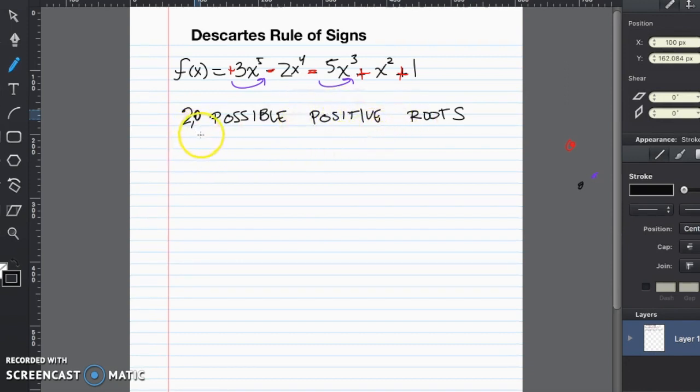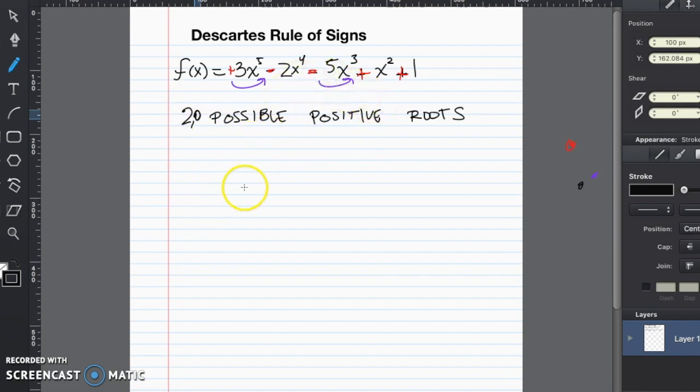So it's 2 or 0. And if we think about our complex conjugates, there's no way I can just have 2, 1, or 0, right? Because they come in pairs. So if I'm going to get rid of some possible roots, then it has to be either 2 or 4 or 6 or 8, because all the complex roots come in pairs. So it's 2 or 0 possible positive roots.